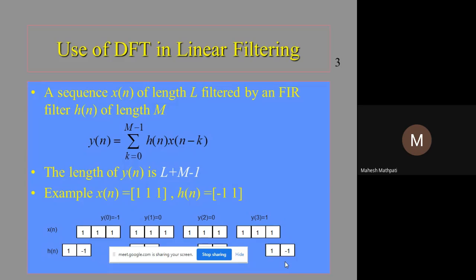Then according to the formula of linear convolution, we can write y of n equals the sum over k equals 0 to m minus 1 of h of k multiplied with x of n minus k.